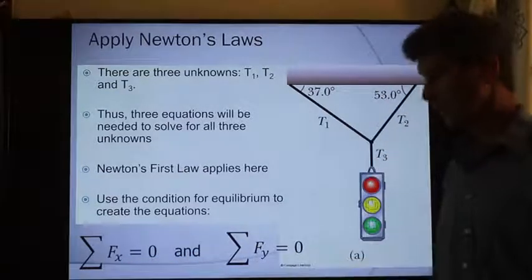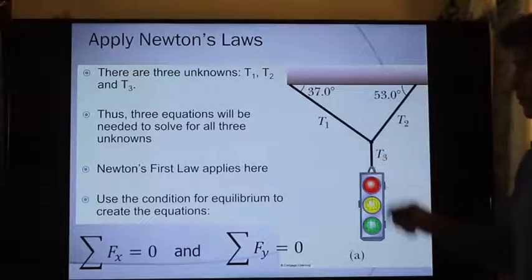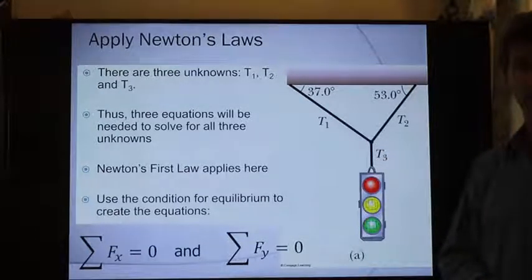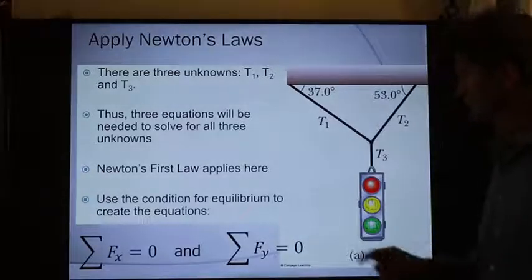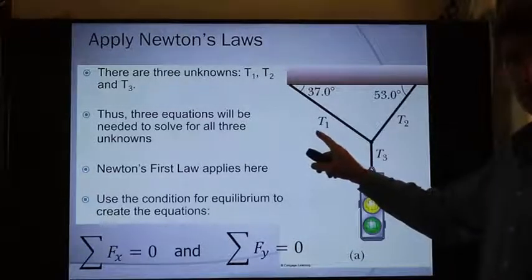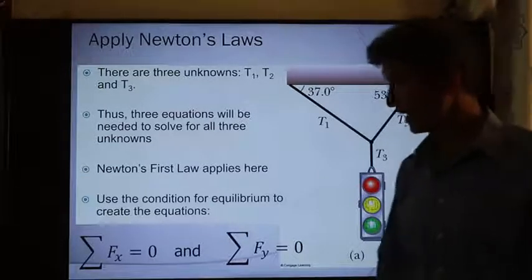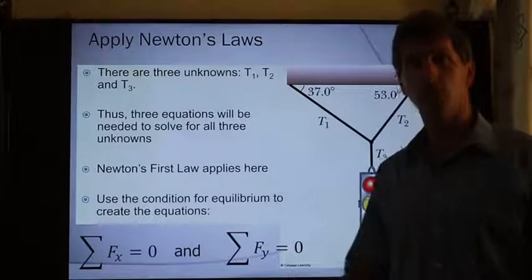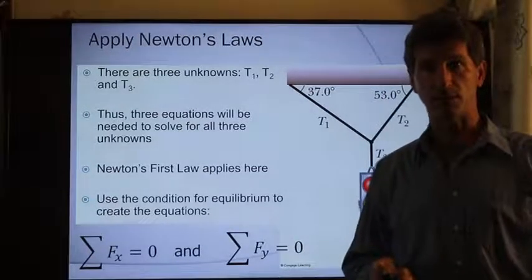Add up all the forces in the y direction, set that equal to 0. Because at this point, we only know what the tension is due to T3. Okay? Look at this. We have two unknowns. We don't know T1. We don't know T2. How many equations do we have? 1, 2. 2 equations, 2 unknowns. We can solve this system of equations.